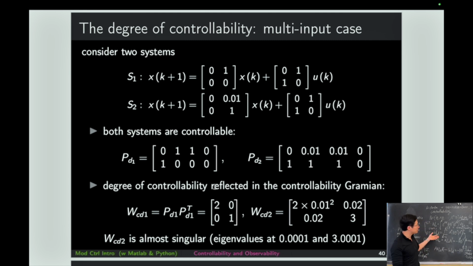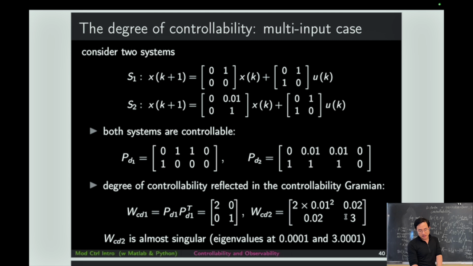The Gramians are actually very important in that sense. The Gramian of the first system is 2001. The second one is 2 times 0.01 squared and then 3. The first Gramian is very much non-singular. It's invertible. It's numerically very nice.